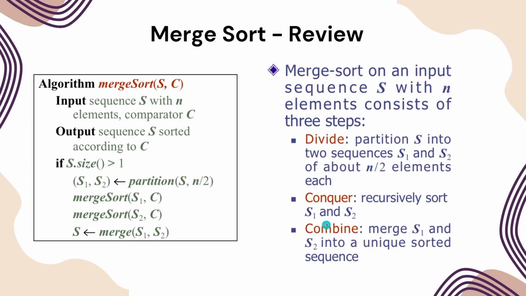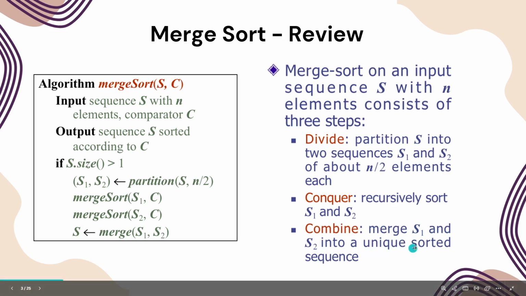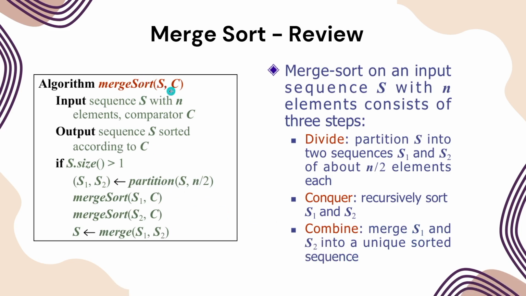For simplicity, what I have shown is that we divide the sequence into two subsets S1 and S2, where each subset contains exactly n by 2 elements. We recursively sort each of these two partitions, and finally we merge S1 and S2 in order to get the sorted sequence.